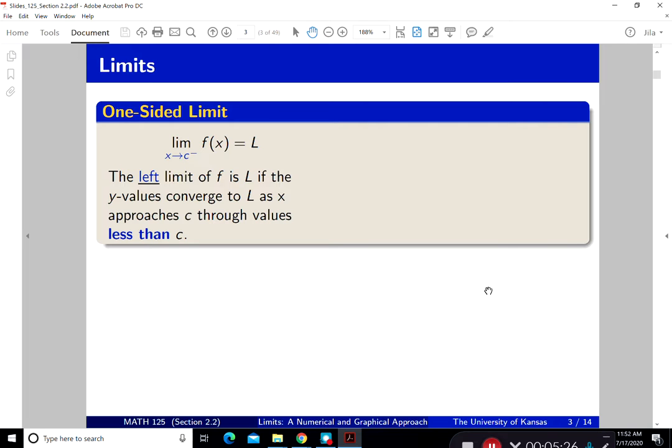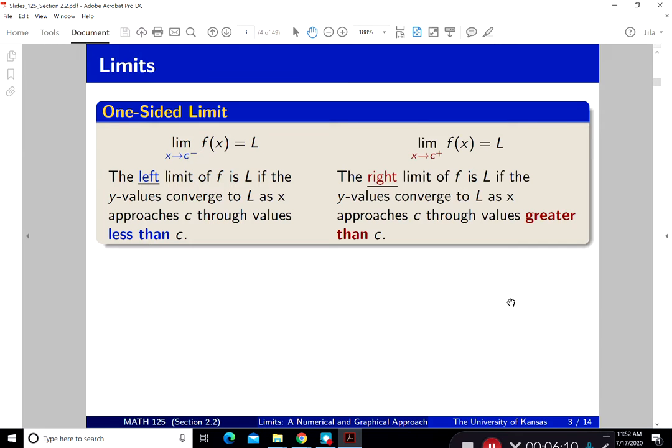For the one-sided limit, the notation is lim, and underneath you write x right arrow c with a negative on top of c, which means from the left, of f of x equals L. This is the left limit of f is L if the y value converges to L as x approaches c through values less than c.